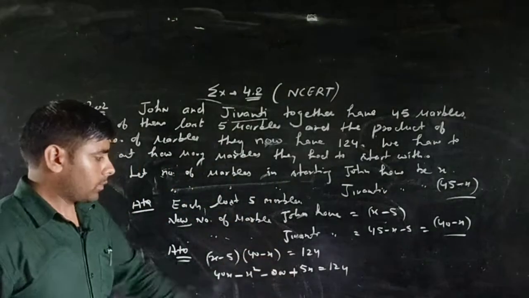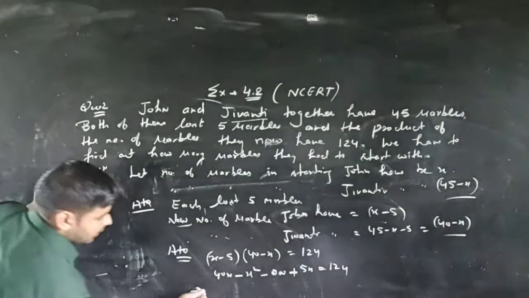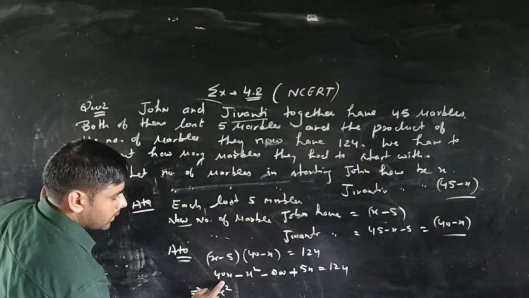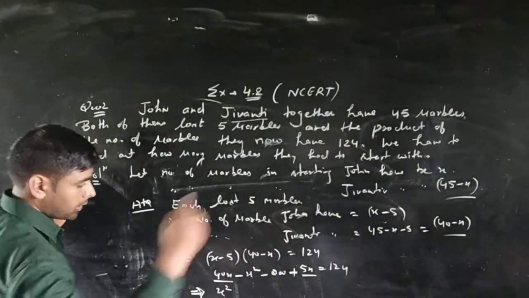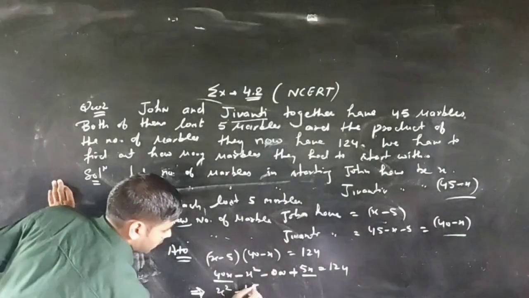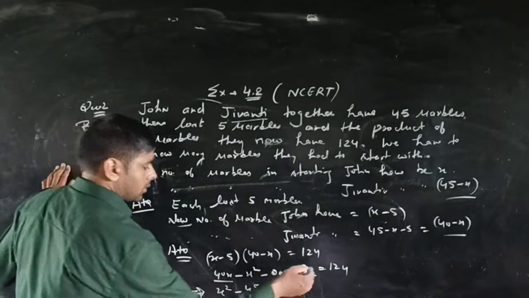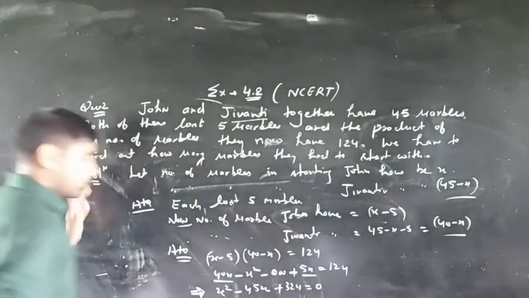Combining, we get x square minus 45x plus 324 equal to 0.